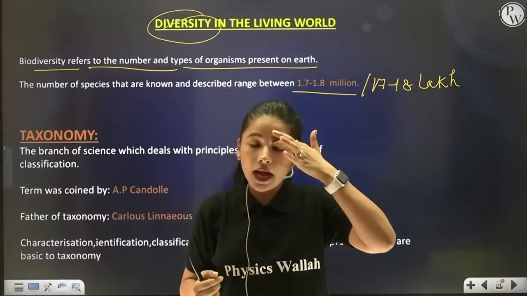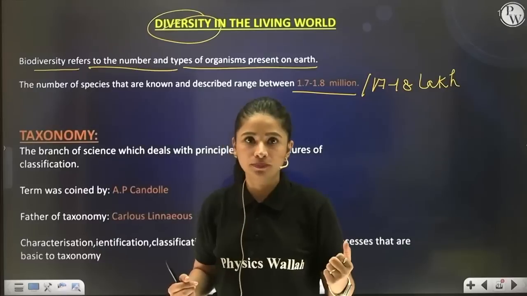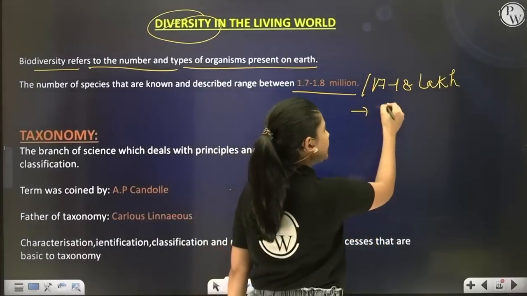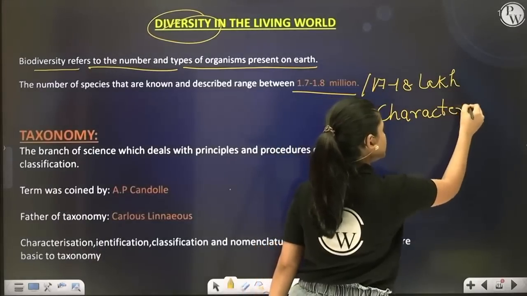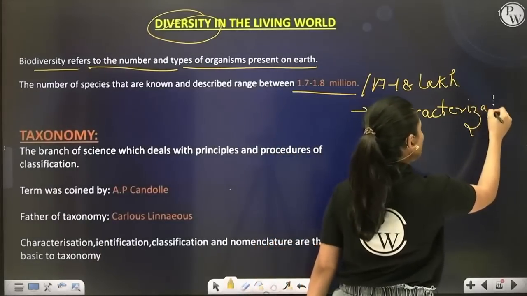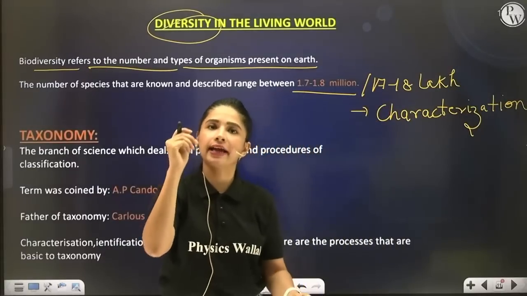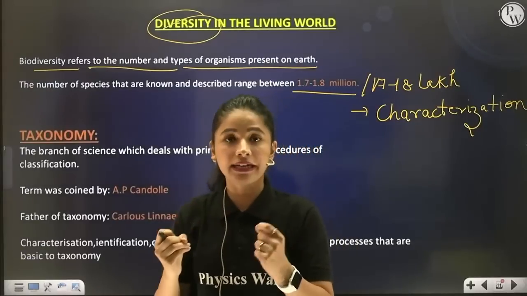Correct? Now, suppose a scientist finds a new organism which is still not known. So first, that scientist is going to study the morphological, the visible characters of that organism. So first step, if you find any new organism, is to study the characters, to study their features.